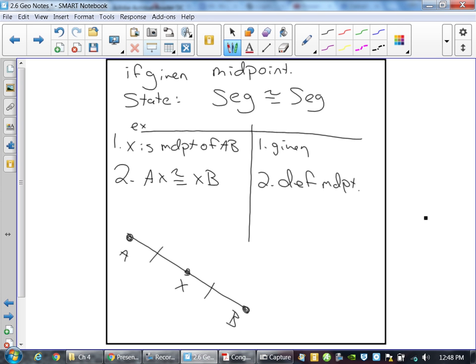I don't know. Is it possible that the definition of it is different? They both divide it into two equal congruent pieces. But do you think there might be a definition of it on your sheet of paper right in front of you?